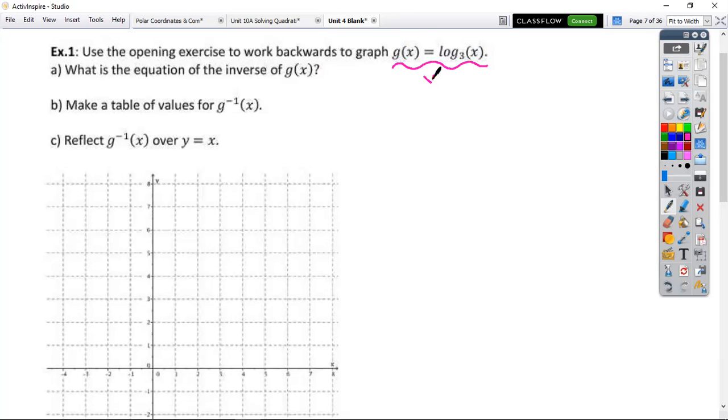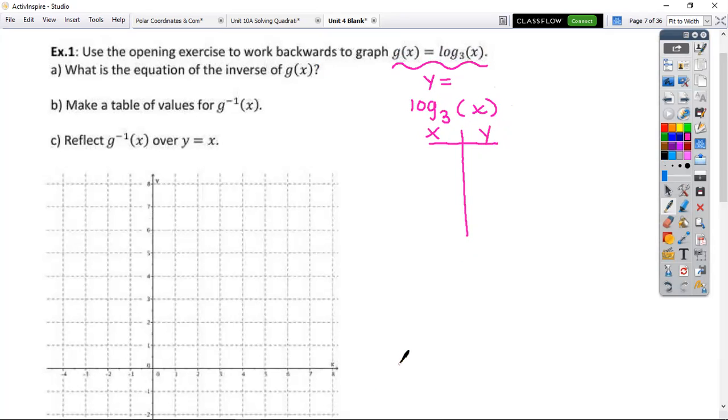So go to your y equals, please. And I want you to type in log base 3 of x, and go right to your table of values. And I want to get some of these.